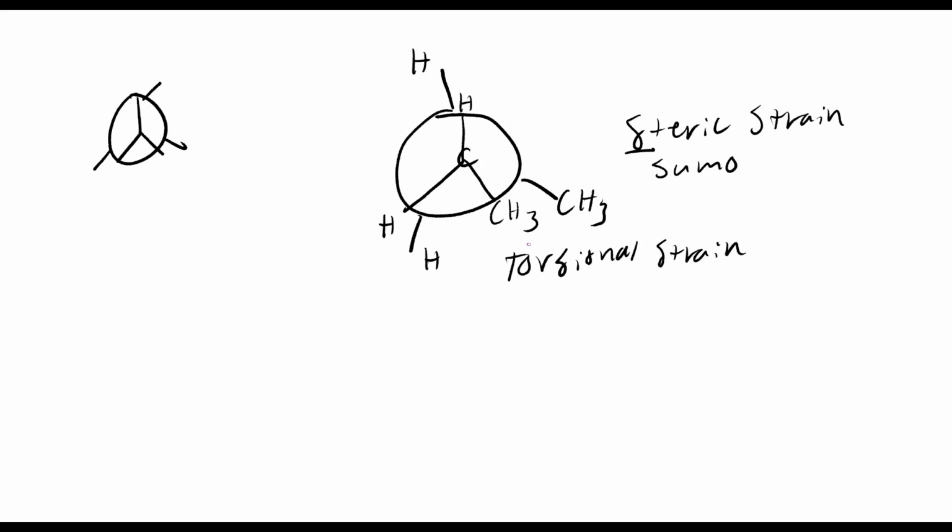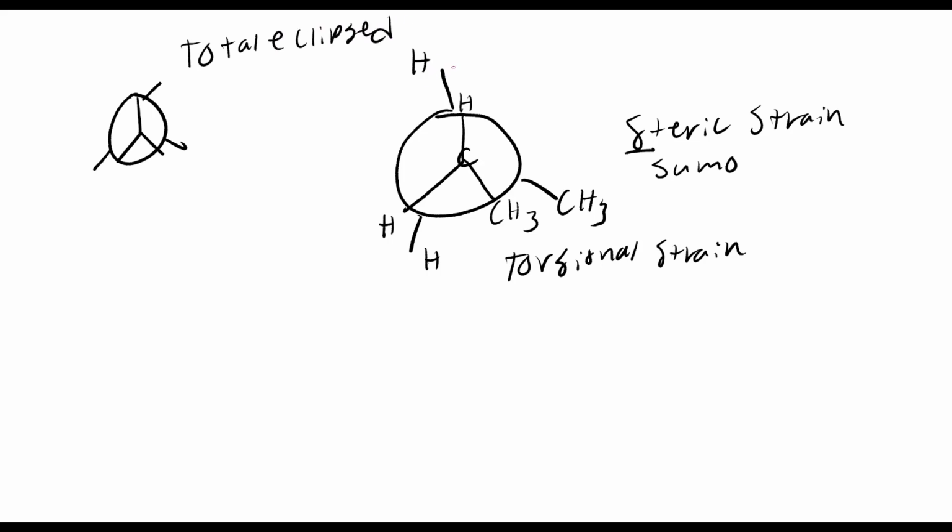The more strain you have on a Newman projection, the more energy it takes to rotate or do anything with it. So the more strain you have, the more energy, and you don't want that. You want to have the lowest energy. You want to be calm. You want to have the most stable projection. And so this format right here, where everything's really close to each other, is called a total eclipsed. Total eclipsed.